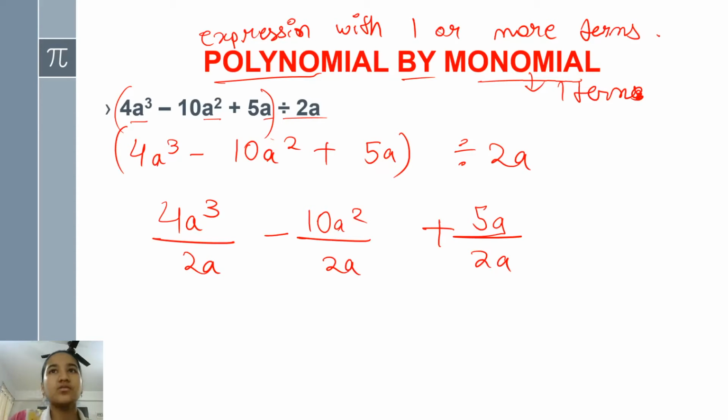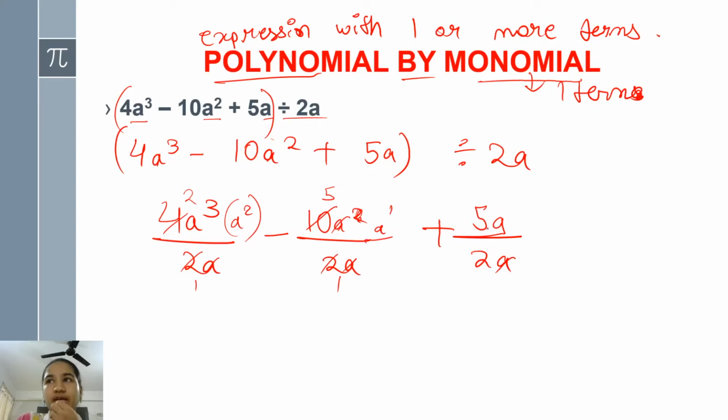Okay, so 2 ones are 2, 2 twos are 4, a cancels, so over here it will become a square. a cube divided by a is a square, right? 3 minus 1 is 2, so it will be a square. Next, 2 fives are 10, a cancels, so it will be a to the power 1, or a.